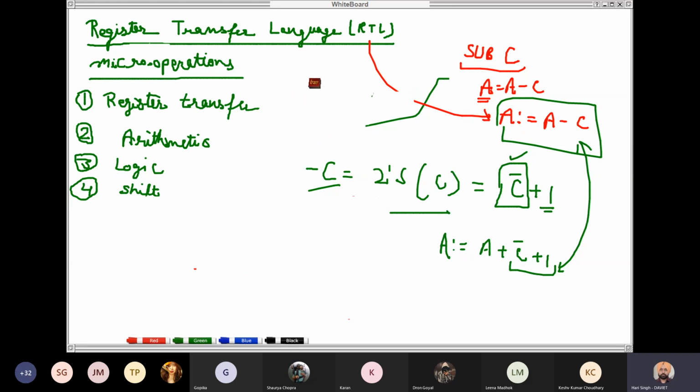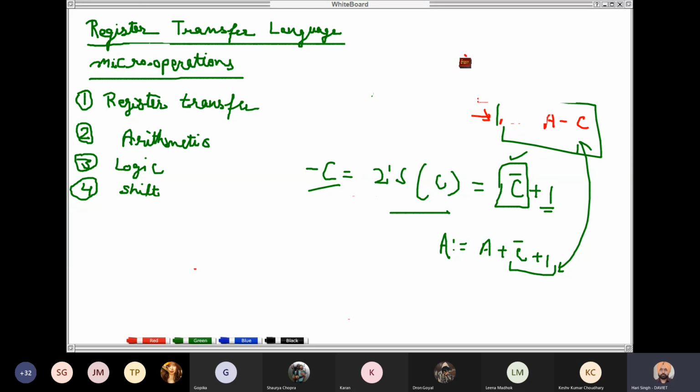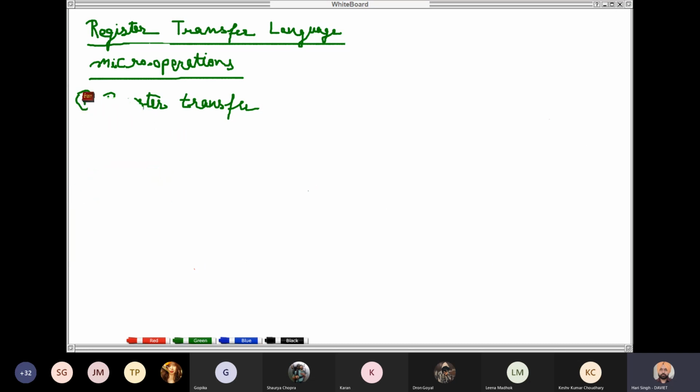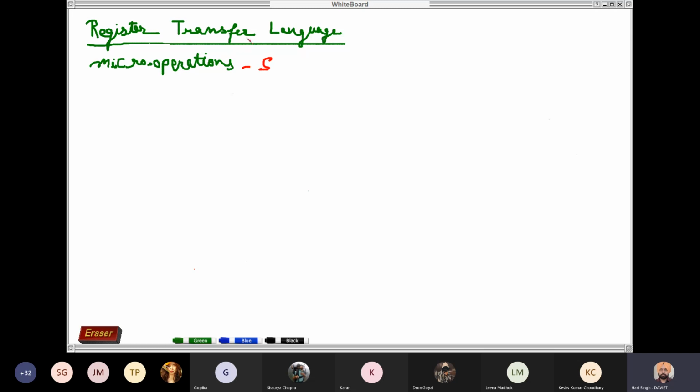Last category is shift microoperations. Next is shift microoperations.